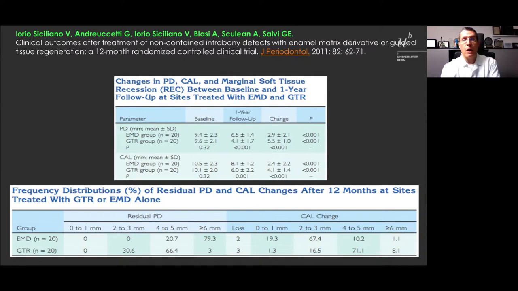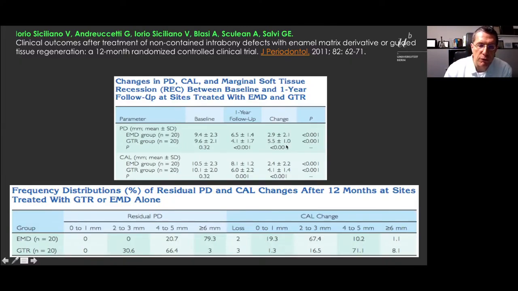And if you look now at the measurements that we had, look at the upper table, especially the probing depth between the two groups. At baseline, there was no difference. And if you look now at the change at 1 year, the GTR group performed much better compared to the EMD group.